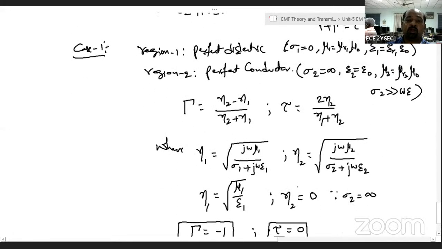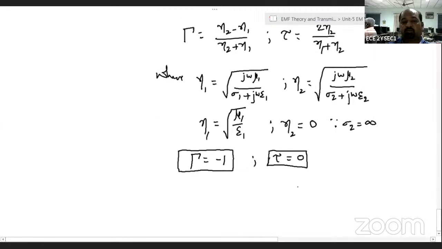So this is for when region 1 is a perfect dielectric and region 2 is a perfect conductor. When region 2 is a perfect conductor, the transmission coefficient is 0. Transmission coefficient is 0 in the sense that none of the wave transmits. Reflection coefficient is the ratio between the reflected wave and the incident wave, and this is equal to -1.